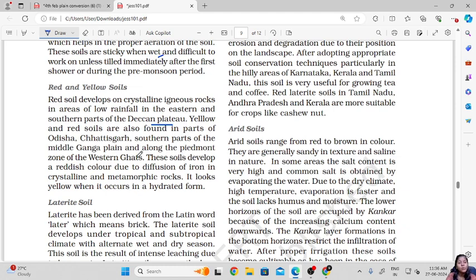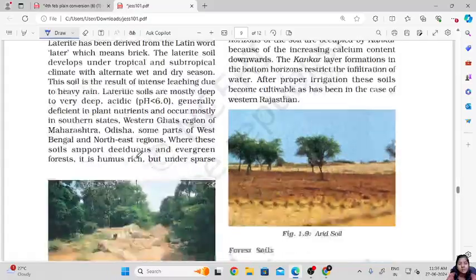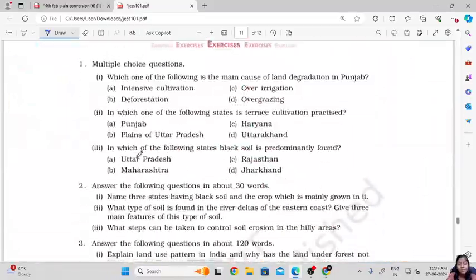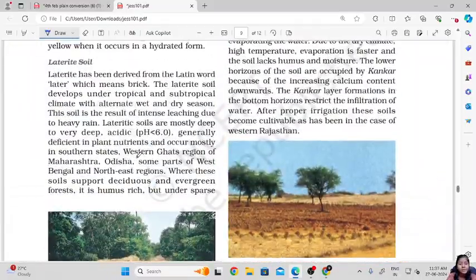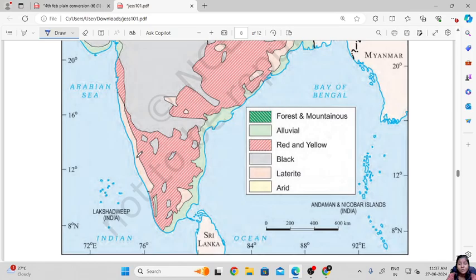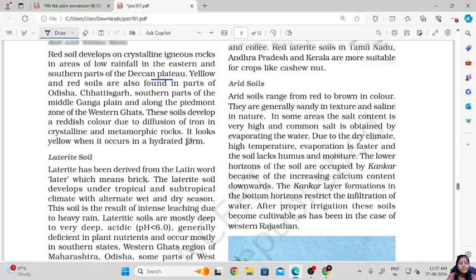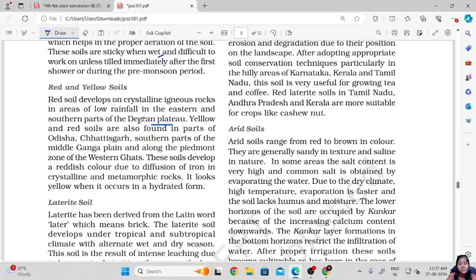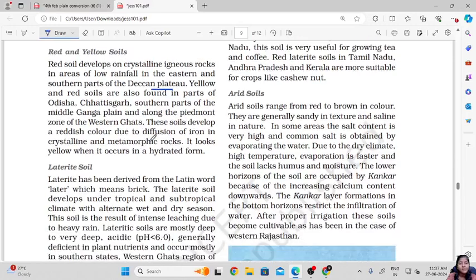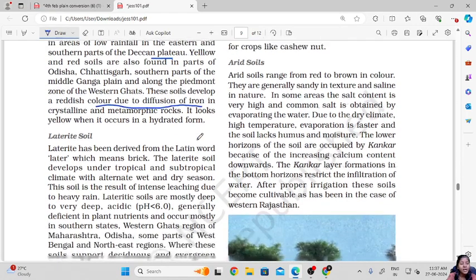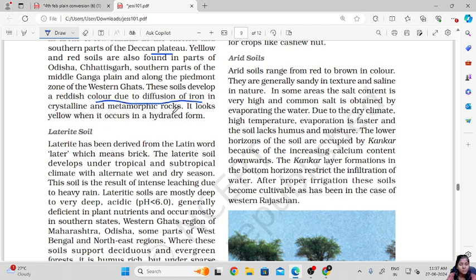You can see red and yellow soil on the map of India here. These soils develop a reddish color due to diffusion of iron in crystalline and metamorphic rocks, and look yellow when they occur in a hydrated form.